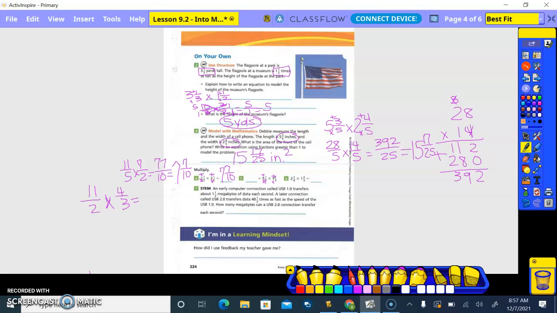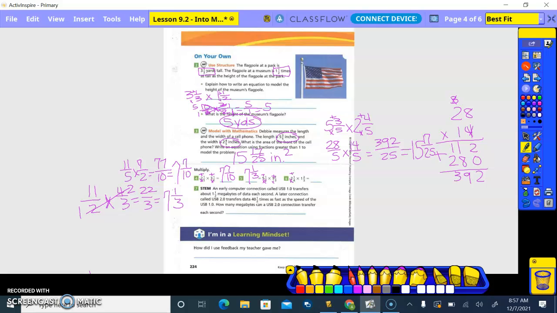Can I simplify before I start? Yes. So 2 goes into 2 once, 2 goes into 4 twice. So that gets us 22/3, which equals 7 and 1/3. 7 times 3 is 21, and then 22 minus 21 is 1, and then we keep our same denominator. So 7 and 1/3.